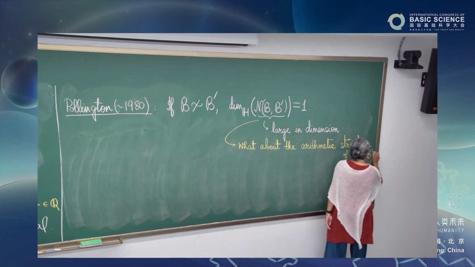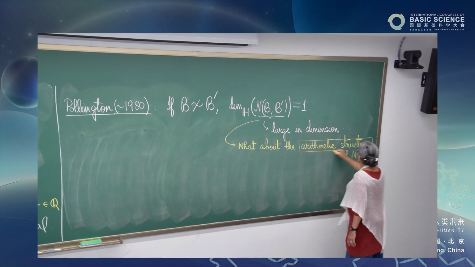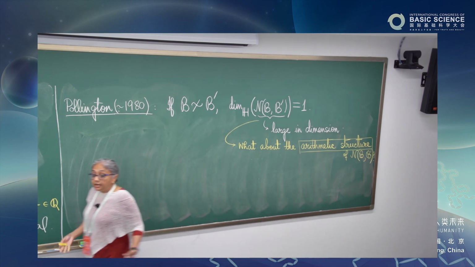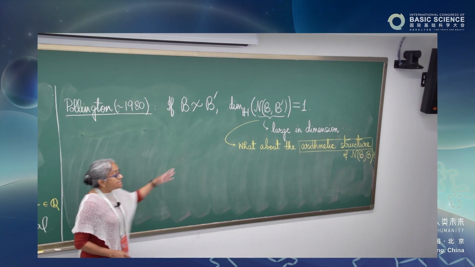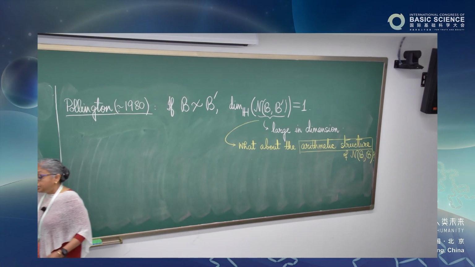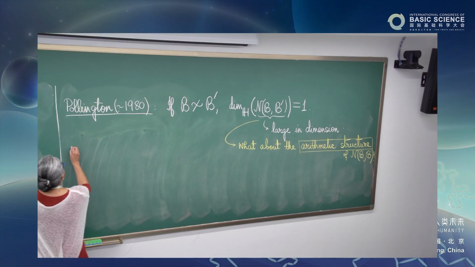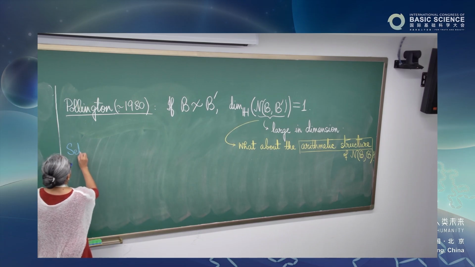Now I understand that the word arithmetic structure is English, it's not really math, and how you describe arithmetic structure is all in the eye of the beholder. So let me at least talk about a working definition. This definition has its roots in very classical harmonic analysis, Fourier analysis, and is one of many measures of arithmetic structure.